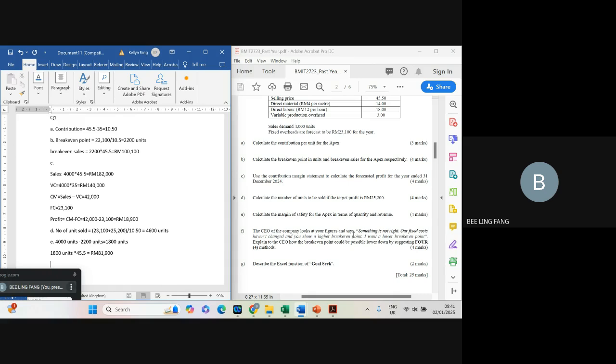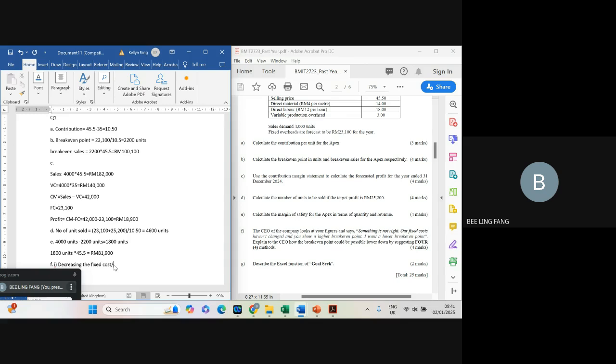So that means you can discuss in terms of the fixed cost, the variable cost. When you explain this kind of question, you just go back to the original formula. That means you will involve the variable cost and so on, right? So you can suggest, okay, decreasing the amount of the fixed cost, okay?